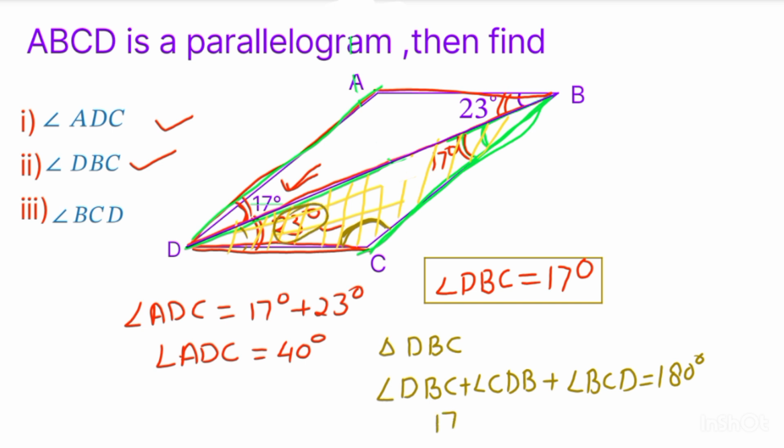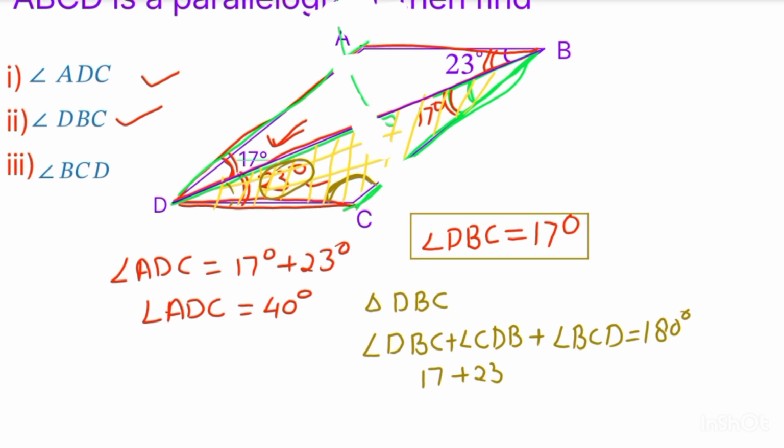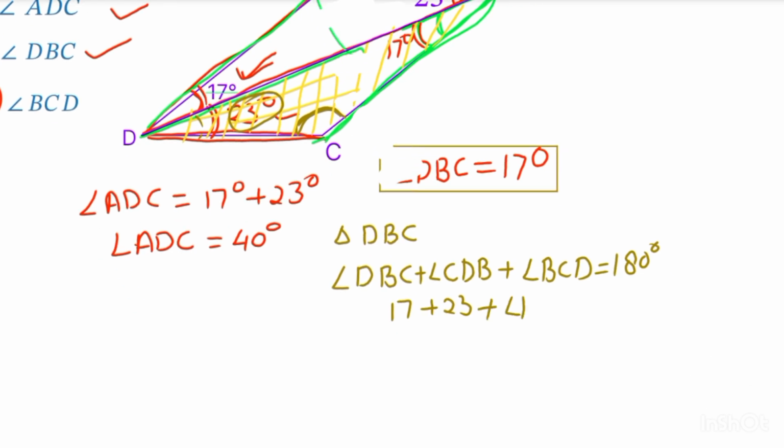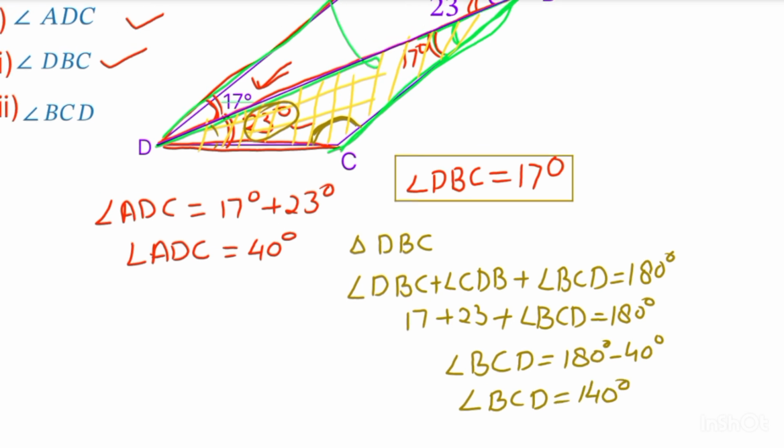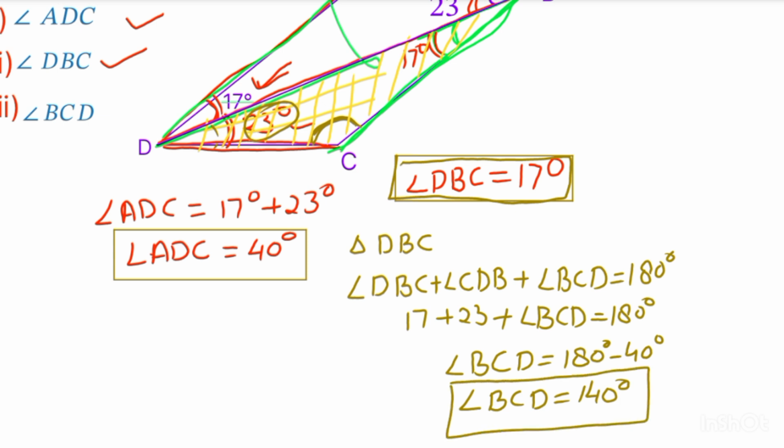So 17 plus 23 plus angle BCD is equal to 180 degrees. This will give angle BCD is equal to 180 minus 40, or angle BCD is equal to 140 degrees. So the answer is angle ADC is 40 degrees, angle DBC is 17 degrees, and angle BCD is 140 degrees.